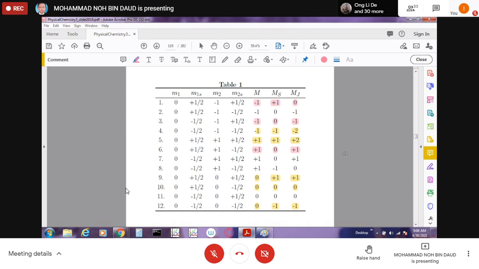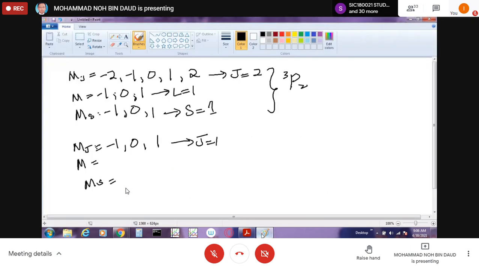Okay. So from here we can write, okay, you can try this out. Okay, the singlet P2, the triplet P1. Okay, you also can do for triplet P0.